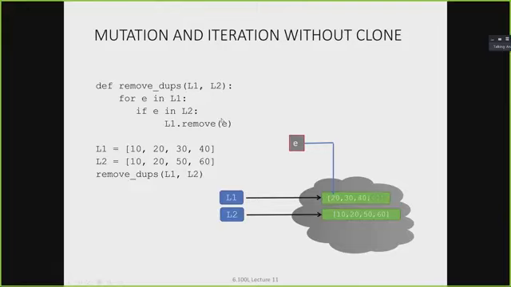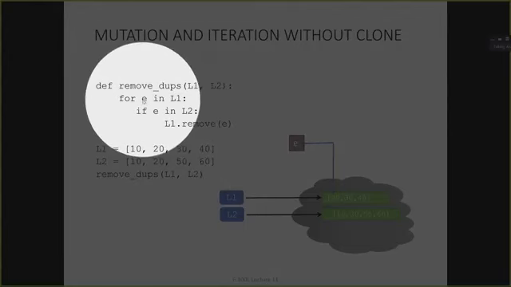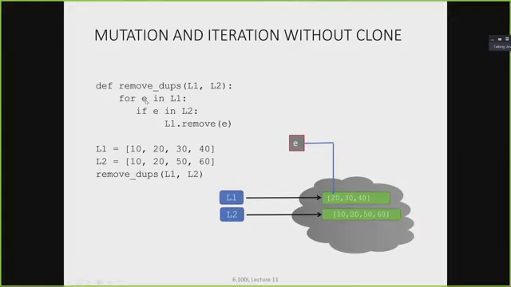My 10 is removed. Everything else shifts over by 1, but my loop index stays fixed. Okay. Next, Python says I'm going to increment my variable, E, to go to the next item in my sequence. So E becomes the 30. And already I've skipped over one element that I was interested in removing.